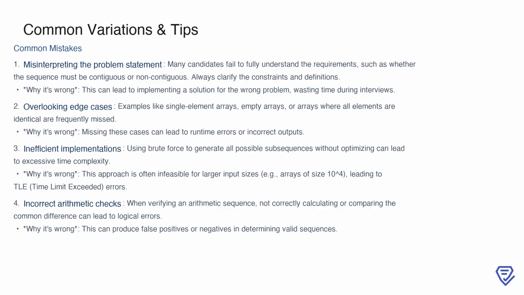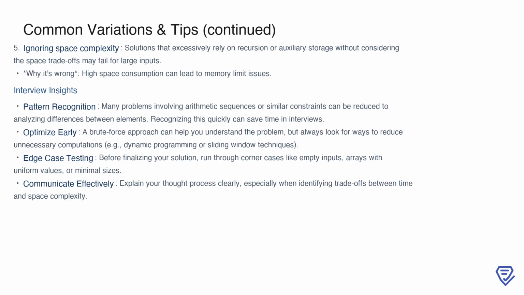Finally, failing to correctly verify the arithmetic properties of a sequence, such as calculating or comparing the common difference inaccurately, can lead to logical errors, producing false positives or negatives when determining valid sequences. Another important consideration is space complexity. Many solutions rely heavily on recursion or auxiliary storage without accounting for the associated space trade-offs. This can become problematic for larger inputs, as high memory usage may lead to memory limit issues.